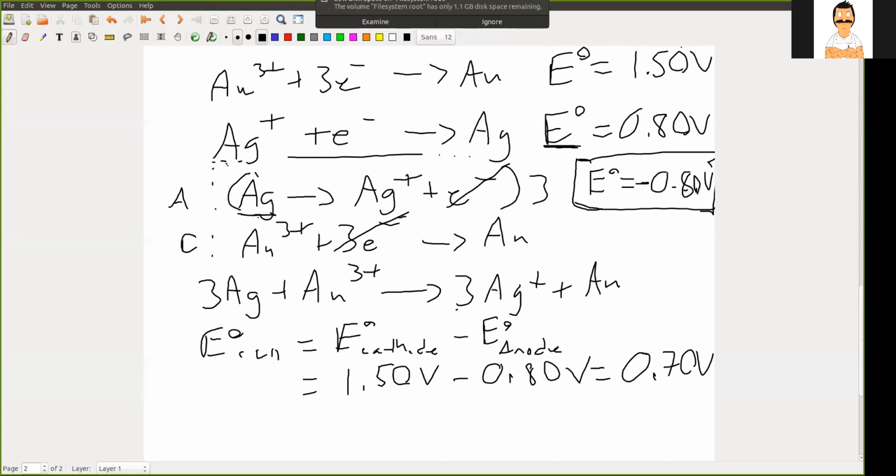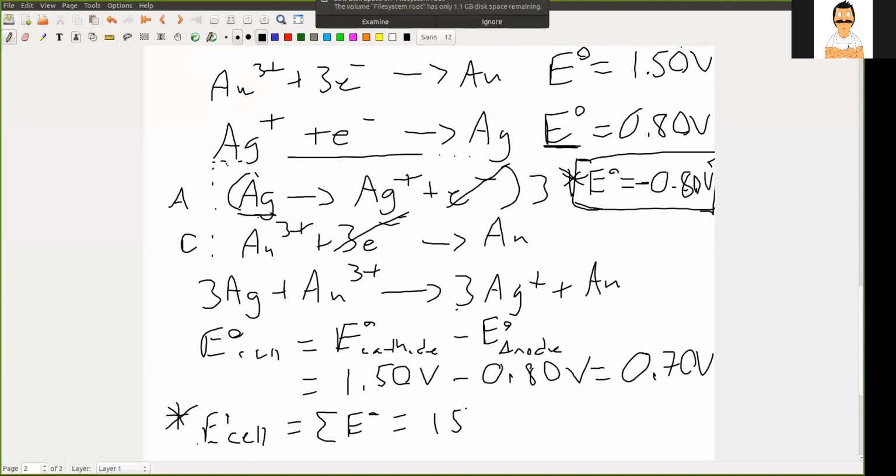And once we identify the one that we're actually flipping, you could just say that E cell is equal to the sum of the E's. So this would be the sum of those two, which under this condition, we're going to put a star next to that. This would be the alternate way of doing it.